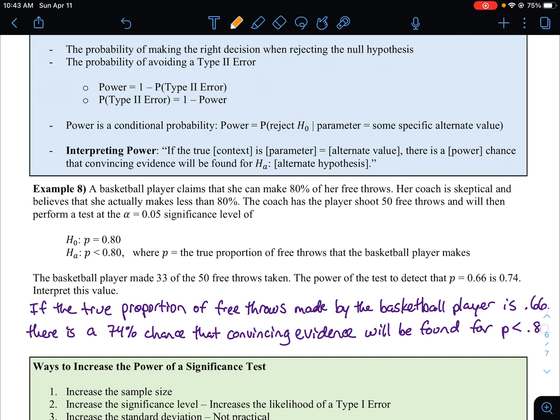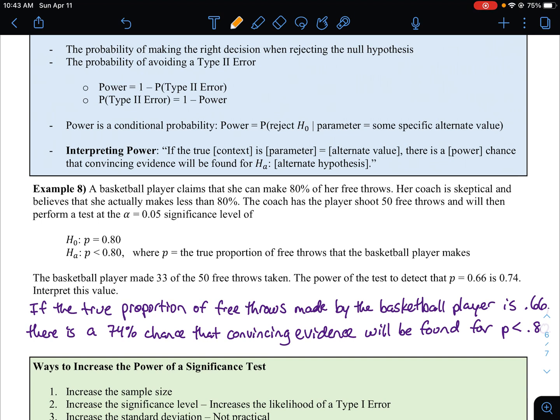So the basketball player, let's just say she ends up making 33 of the 50 free throws taken. So the power of the test that would detect that the actual percentage is 66%, and that just comes from 33 out of the 50 shots that she made. The power of that test is 0.74, and we want to interpret that value.